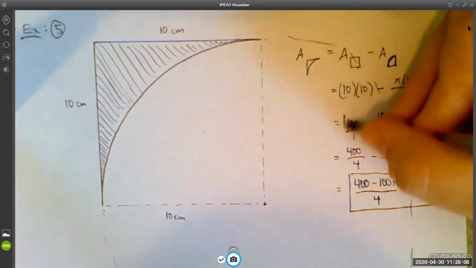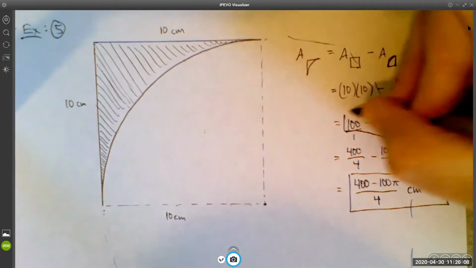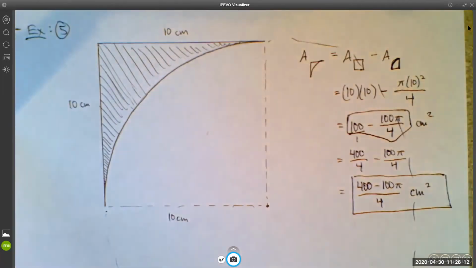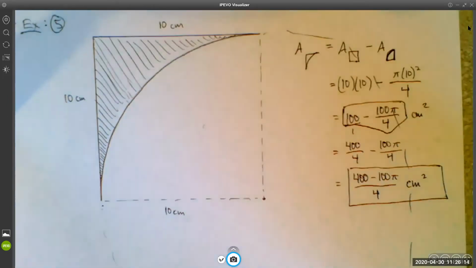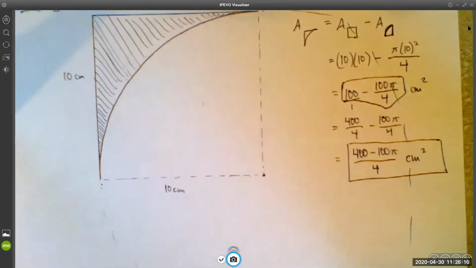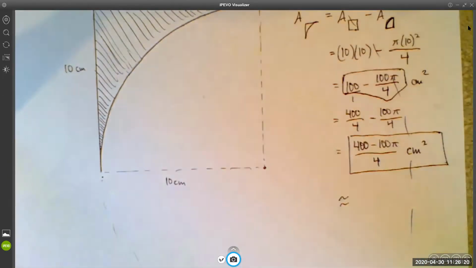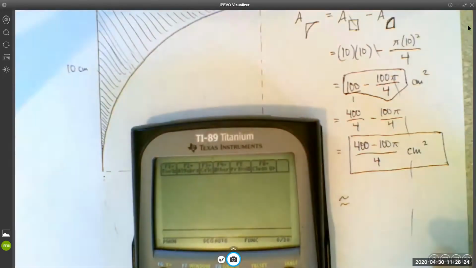Actually, there's nothing wrong with this answer either, the answer that we kind of originally got, right? You could have called that your answer as well. But if we want to change this into a decimal, let's see how much this is. So I'm going to plug this into my calculator. Just be careful you're using the correct order of operations, right?